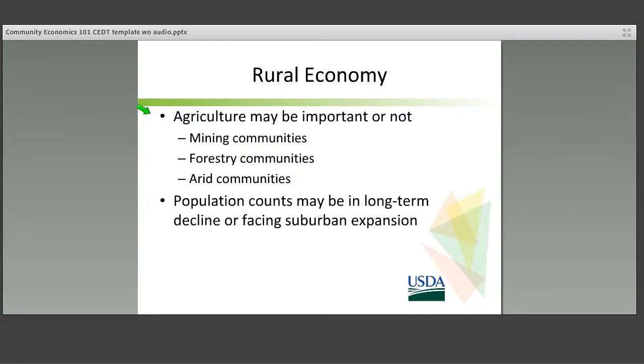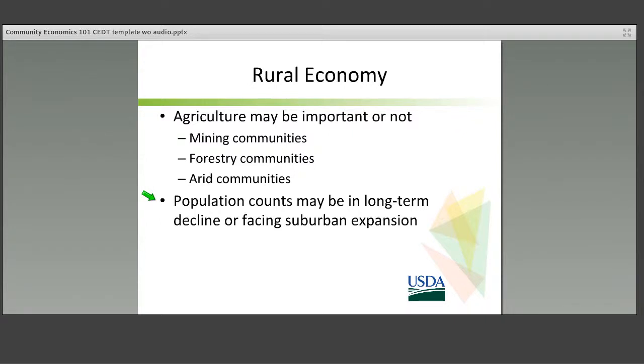Another thing that is very different from one place to the next is that rural population counts might be changing. They might be in long-term decline, as much of rural America is dealing with now. But on the other hand, as cities are growing, they reach out and gobble up rural areas and do a suburban expansion.